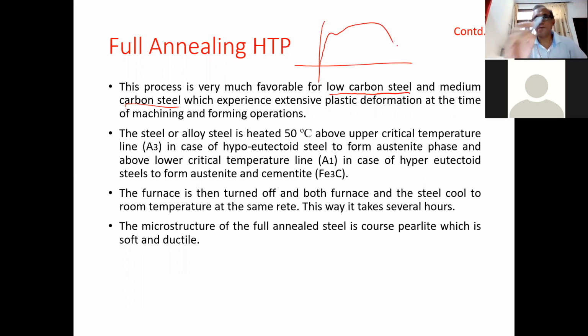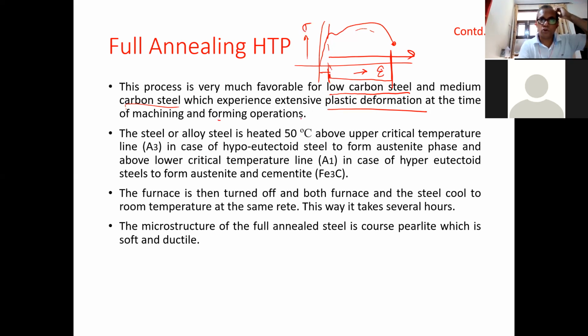This is the tensile test diagram, stress strain diagram. You remember this? Here is the elastic deformation, and here is the plastic deformation after fracture. So this is responsible for the plastic deformation for forming operations, where you will apply force and modify the shape of the material with the help of some forces and energies.